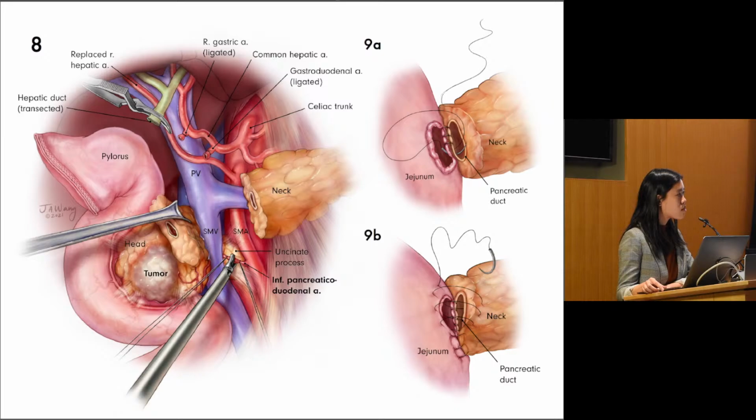In this particular rendering, I'm wondering if you can point to where the connection point between the neck of the pancreas and the jejunum would have been. Where is the site? Is it right around where the tumor is?